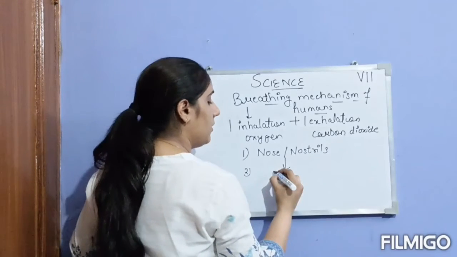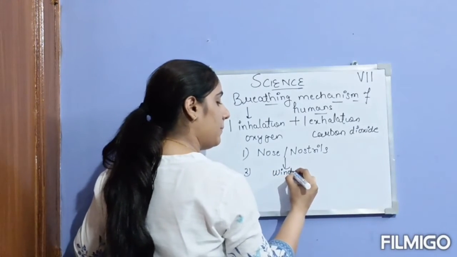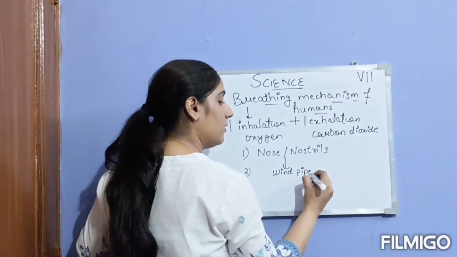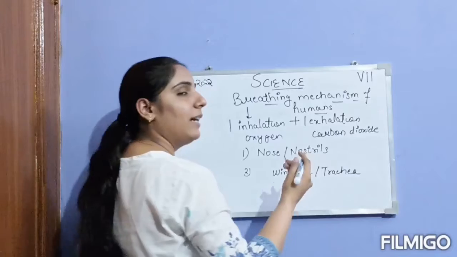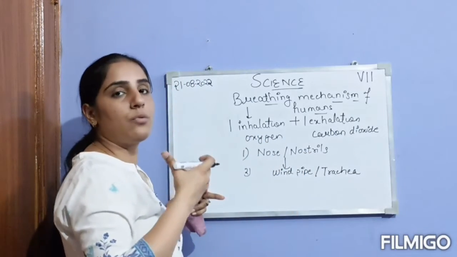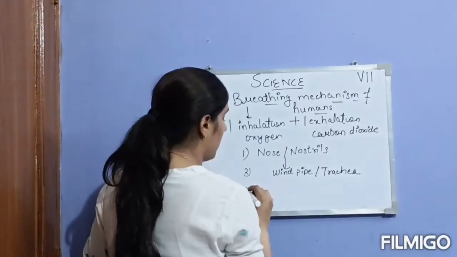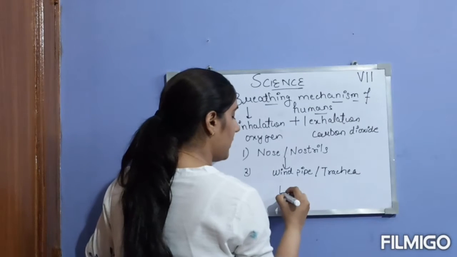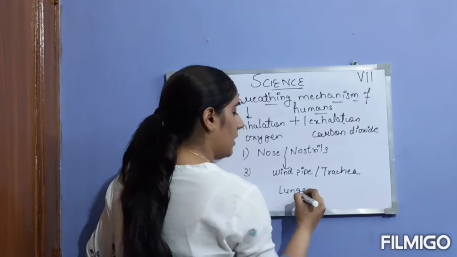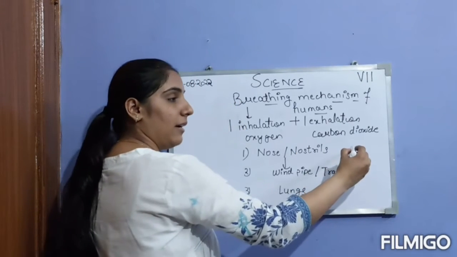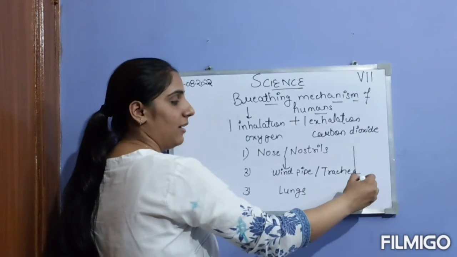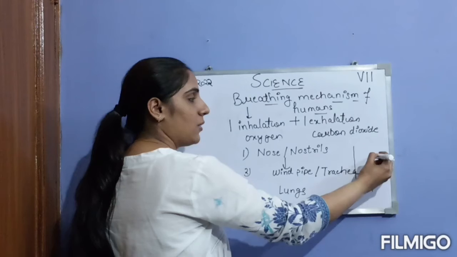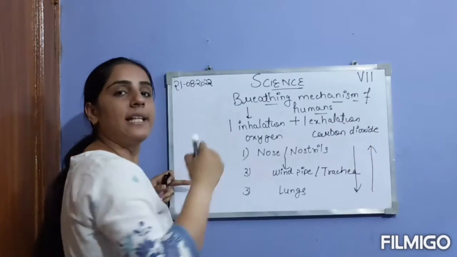Next we reach the windpipe, also called the trachea. Then the trachea reaches into the lungs and delivers the air into them. Next we have the lungs. Similarly, the air comes from the nostrils to the lungs while inhaling, and it goes back from the lungs to the nose while exhaling.